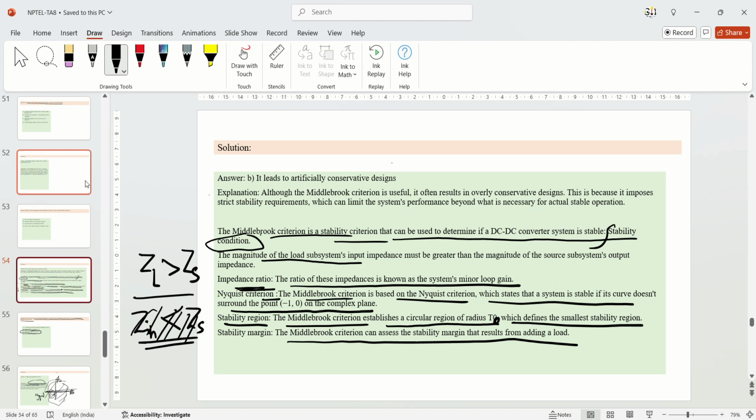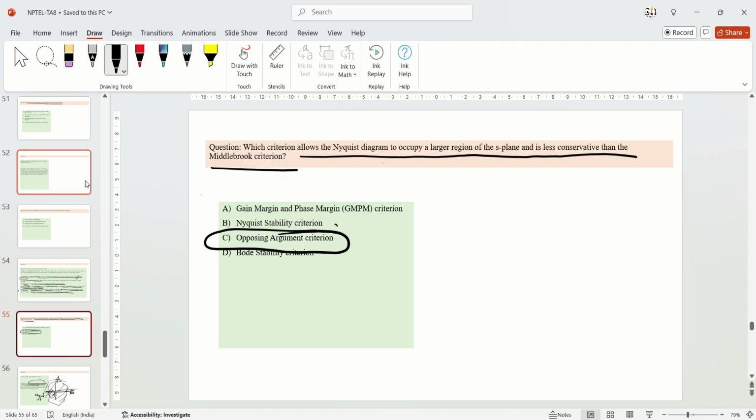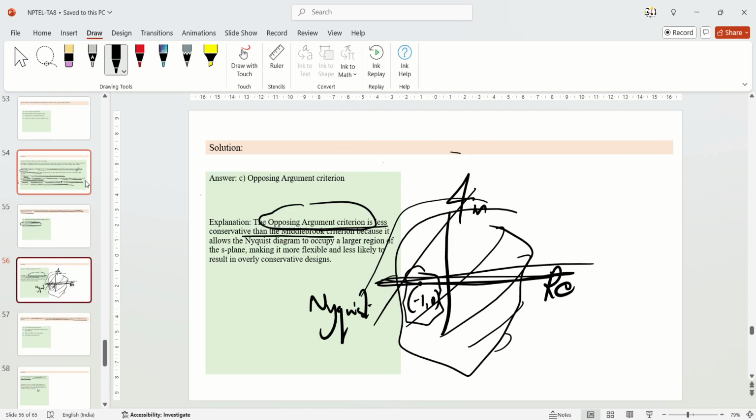So this is a problem with the Middlebrook criterion, and how this disadvantage can be addressed is through the opposing argument criterion. Okay, so it has a larger region for stability as compared to the Nyquist diagram, this Middlebrook criterion. So the opposing argument criterion is better as compared to the Middlebrook criterion.